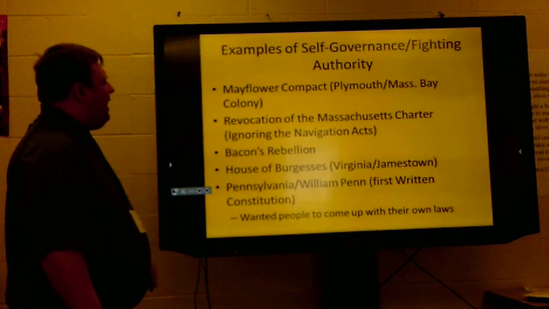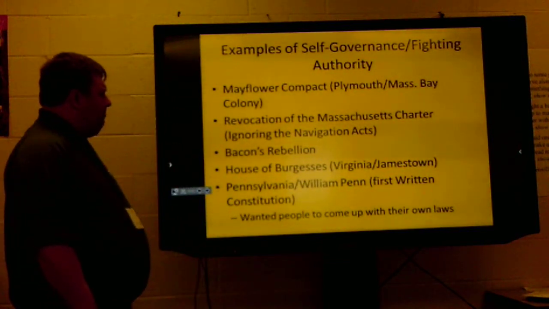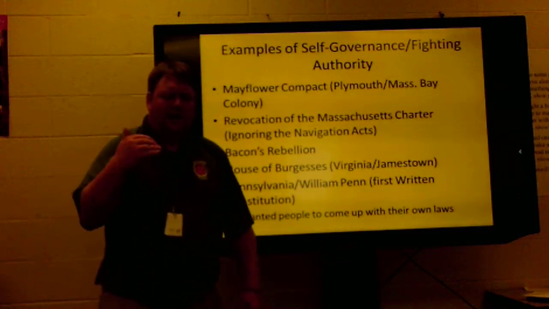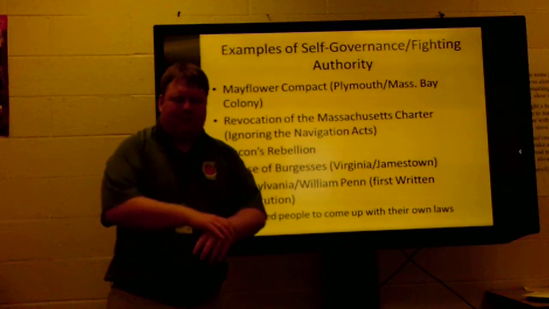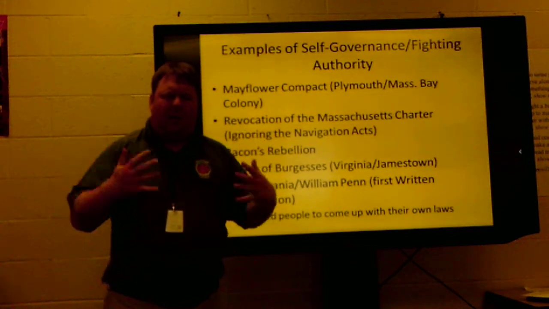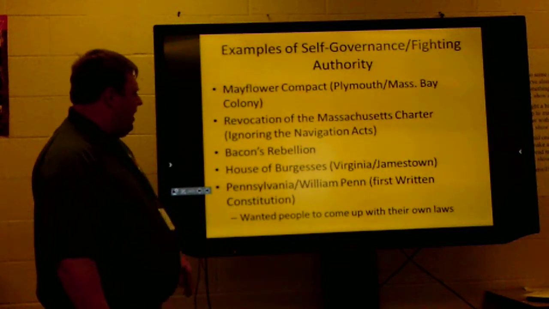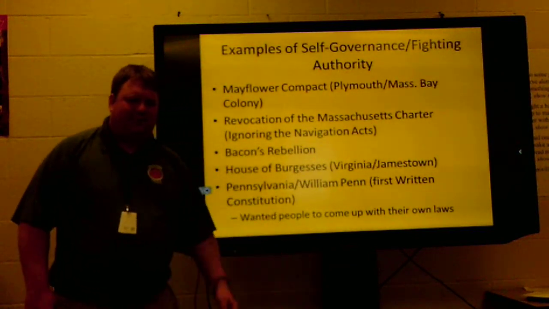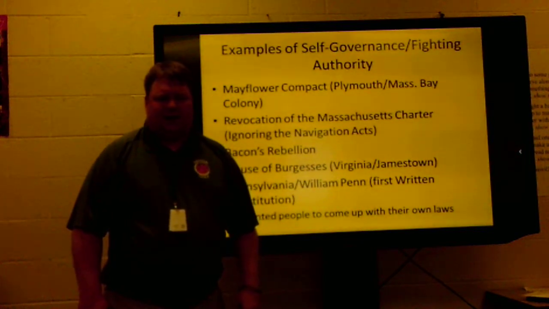Examples of self-governance and fighting authority. That has always been in American blood, is we want to rule ourselves. Thinking back to William Penn, he wanted them to have laws of their own making. Thinking back to the House of Burgesses in Virginia at Jamestown, the first example of elected legislature in America.